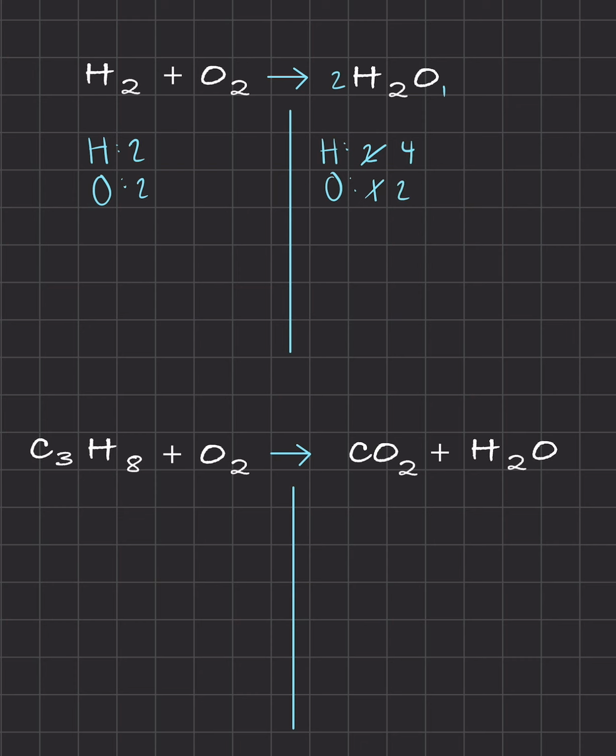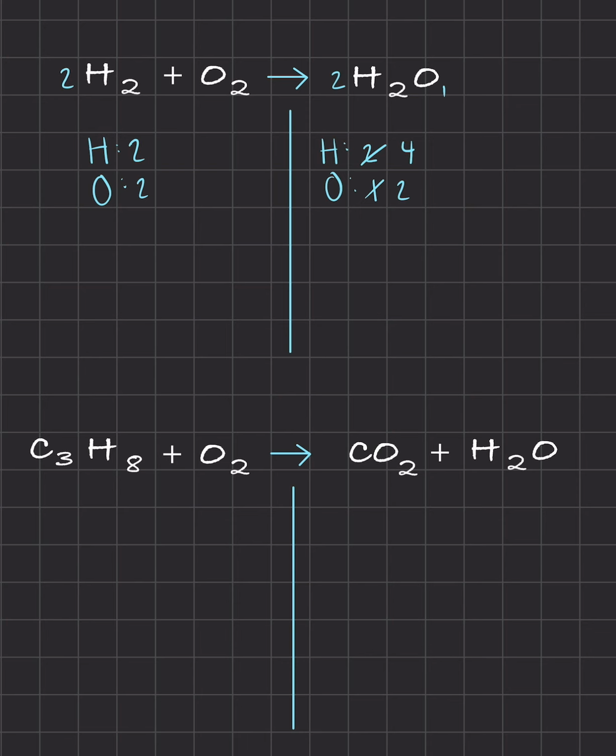So now I need to go back to my reactant side. I have 4 hydrogens and 2 oxygens on the product side, on the right side. So I need to have 4 hydrogens. What can I multiply to get 4? Well, 2 times 2 is 4.